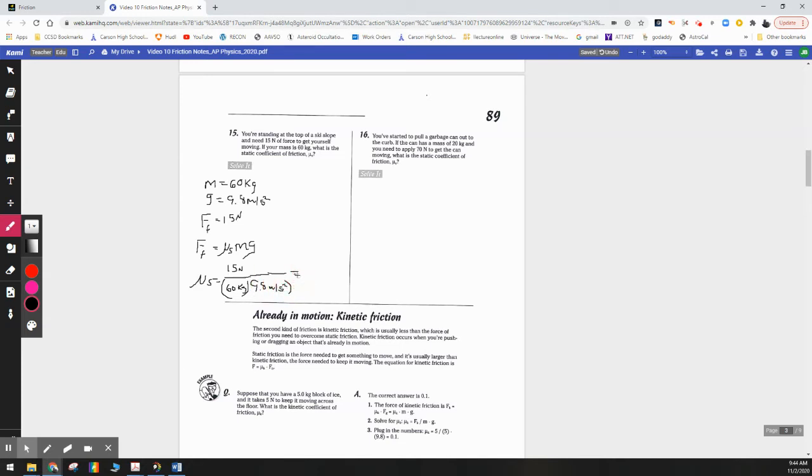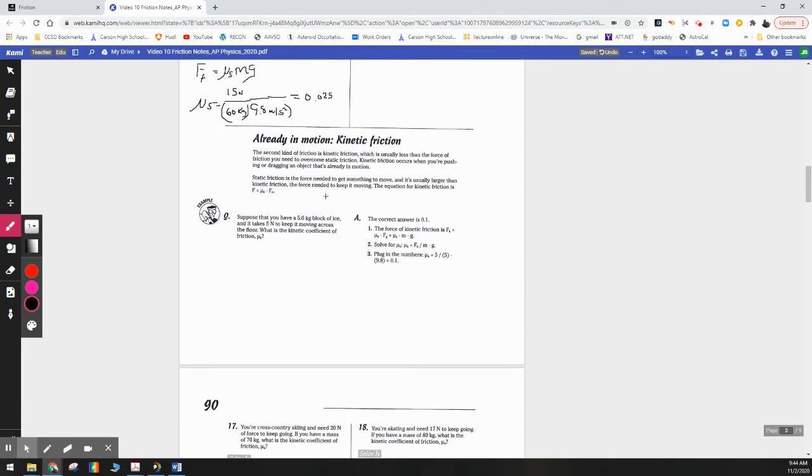And it's going to equal 15 divided by 60 times 9.8, and that equals 0.025. Okay, so that's pretty slippery. A ski slope, so it's ice. So this answer kind of corresponds with the ice here. We'll leave number 16 for you to do on Edpuzzle.